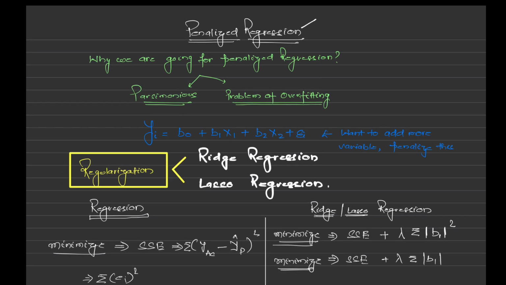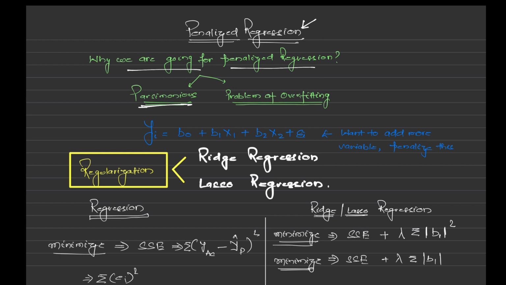Now, penalized regression, as the name suggests, you are penalizing the regression for having more independent variables or features. Why are we going for penalizing? Because we want the model to be parsimonious. We want the model to have the least number of features which explain the model in the best optimum way.